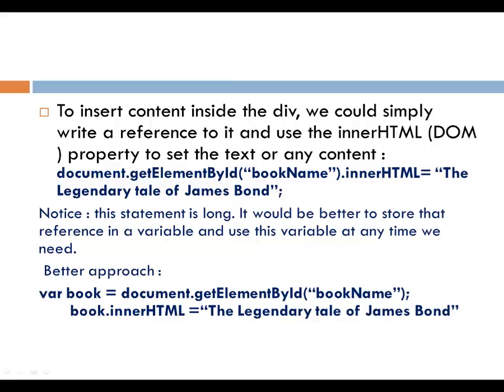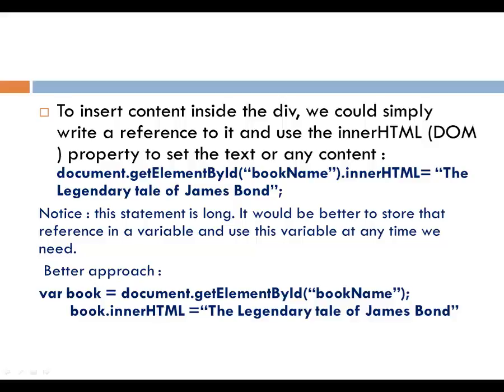So to insert content inside the div, we simply write a reference to it. That's what I've just said. Now we are going to use the property innerHTML, and this is basically how we can do it. We'll simply say document.getElementById, which is the same thing we have done. That is a reference to the div we've just created with the ID book name, and then we'll say innerHTML.